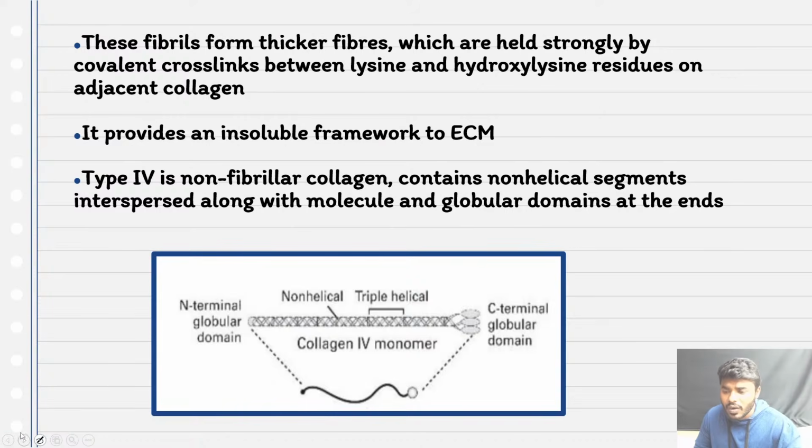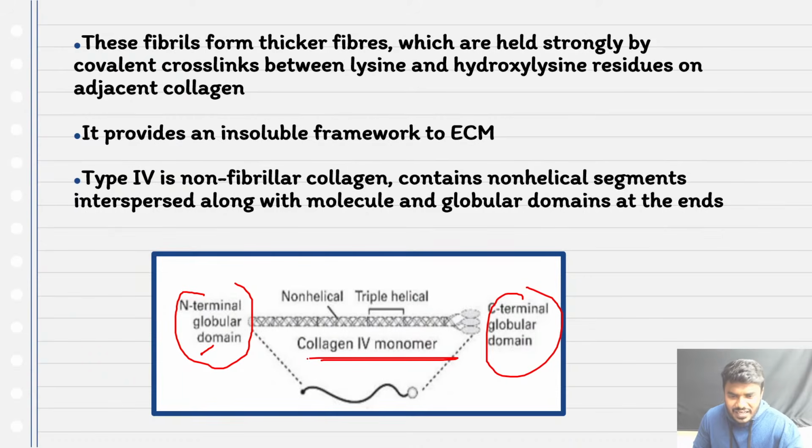Okay. Now listen to my statements very carefully. All the students, look into the diagram, friends. You can see here, the N-terminal domain is globular, the C-terminal domain is globular. And friends, this is the type 4 collagen. The remaining entire region is a very tough fibrillar collagen.